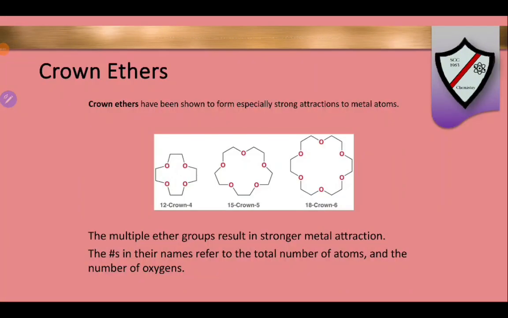A particular class of ethers that's gained a lot of prevalence in the organic laboratory, and one I want you to be aware of, are compounds known as crown ethers. You buy these from the chemical supplier when you have to dissolve highly ionic substances into low polarity solvents in order to get them to react.